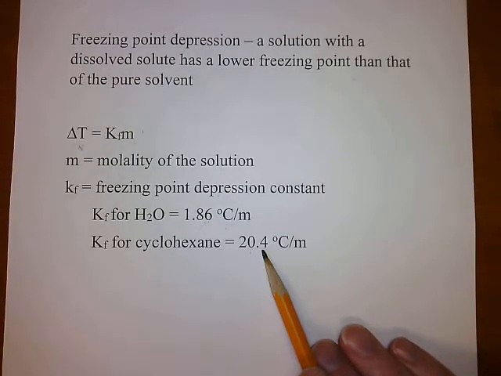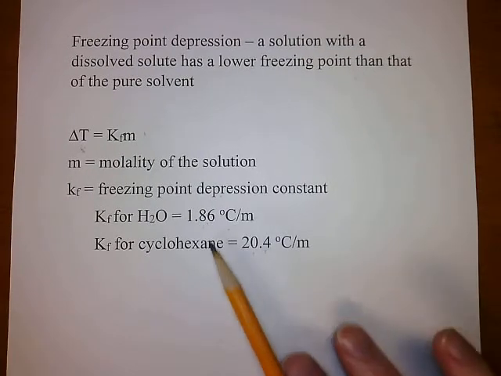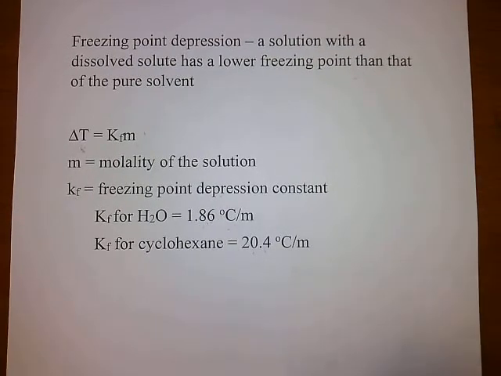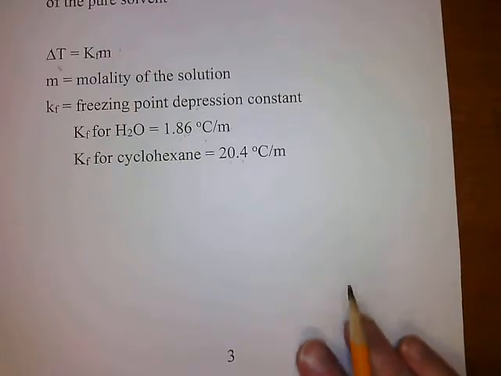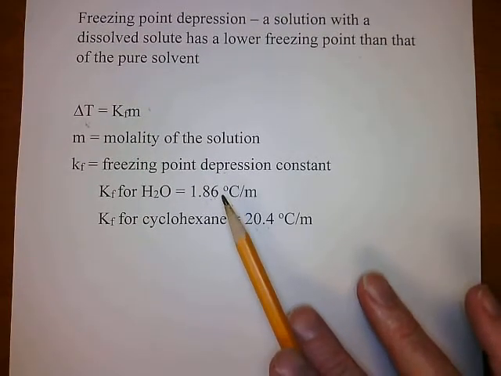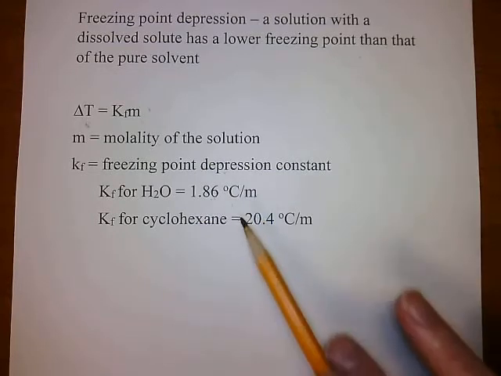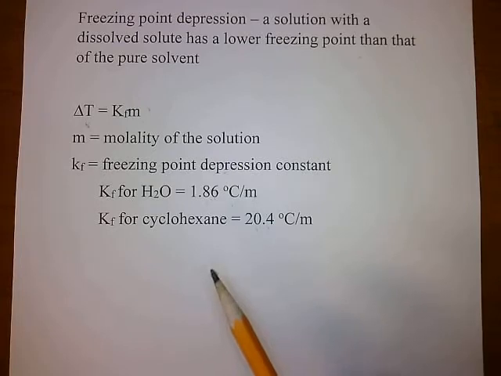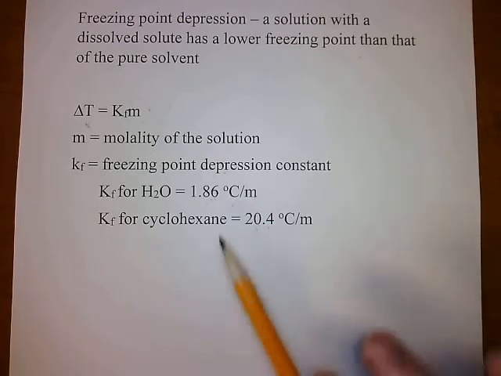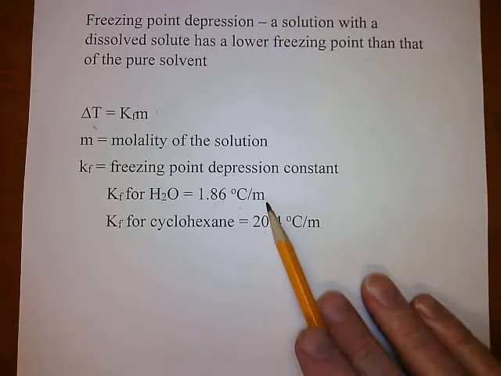Now there are a couple of things that I want you to note here. Number one, these are very different numbers. Every solvent has a unique freezing point depression constant. Second, look at this unit, degrees Celsius per molal. In other words, how many degrees Celsius change in freezing point do we get per molal concentration?